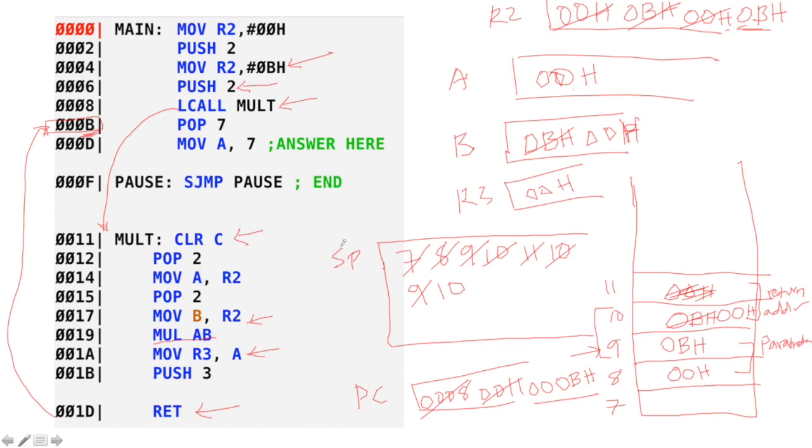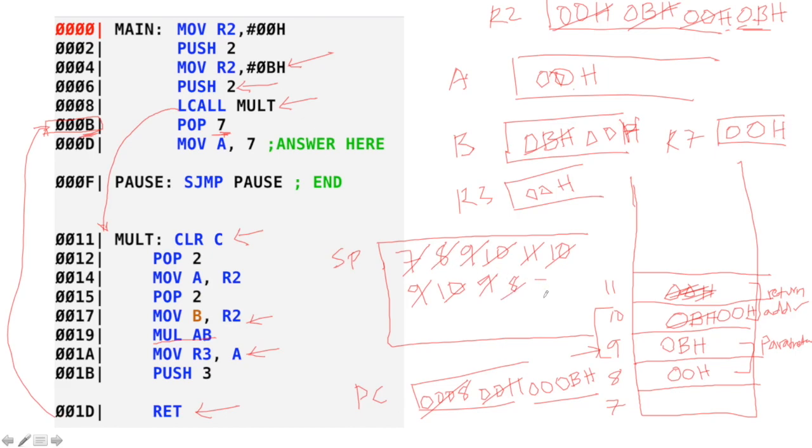We pop, so let's not forget to decrement the stack pointer. So then we pop into R7. The stored value is 0.